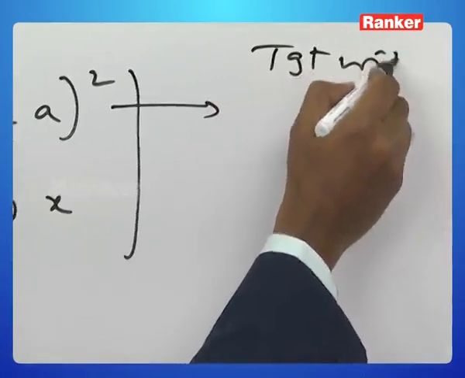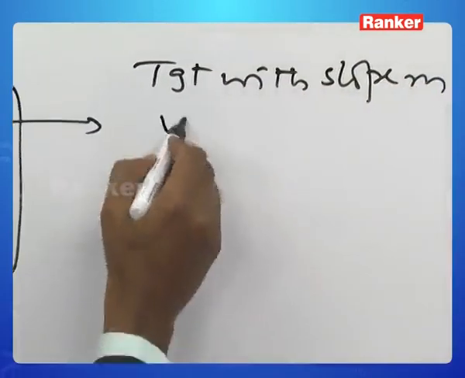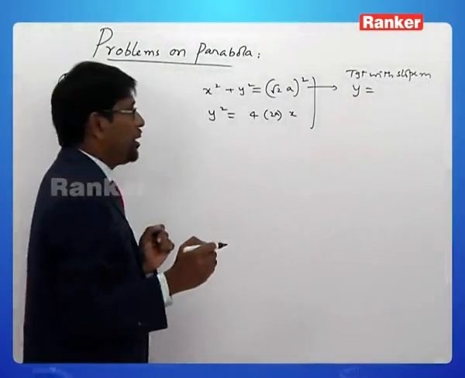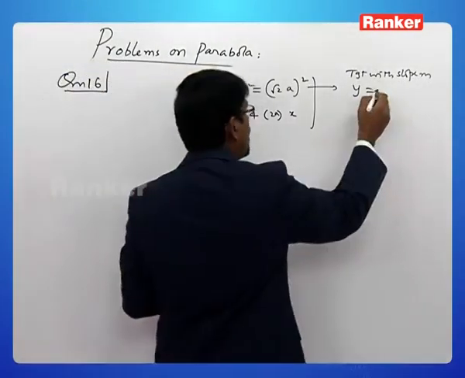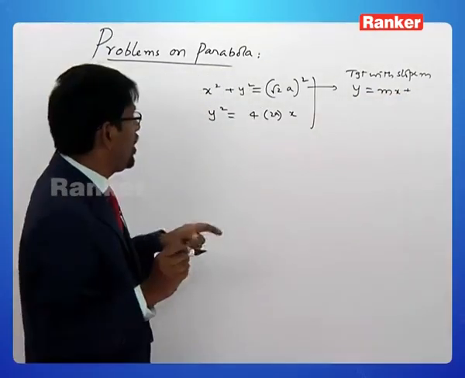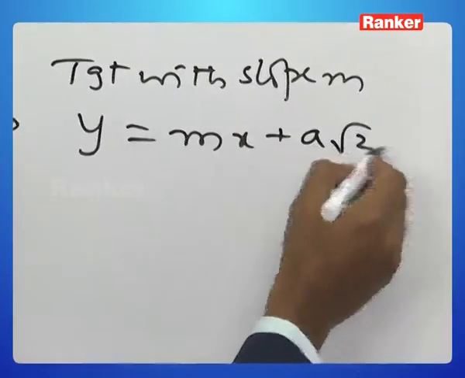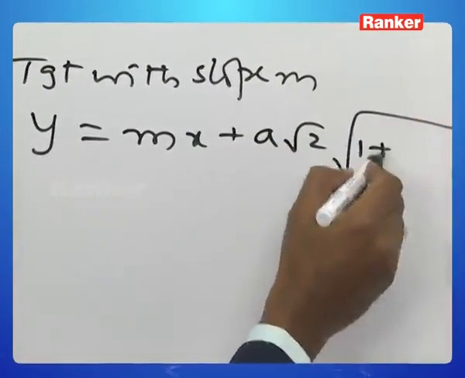tangent with slope m is y equal to mx plus or minus the radius, that is a root 2, times root of 1 plus m square.